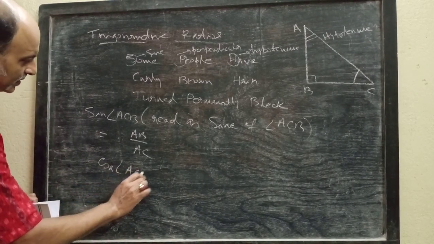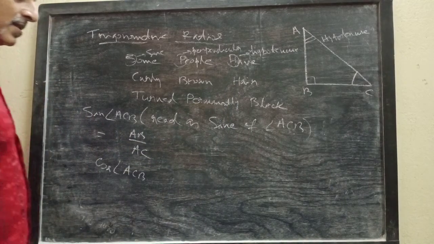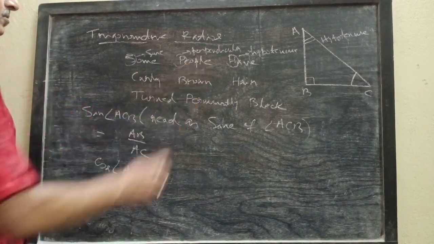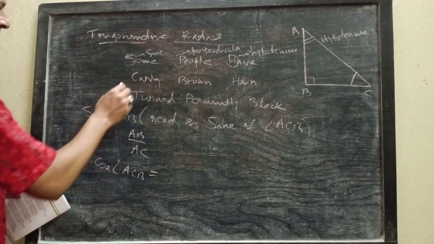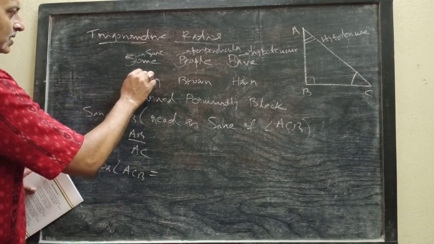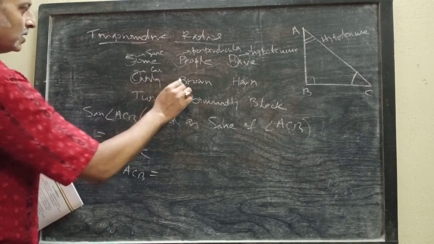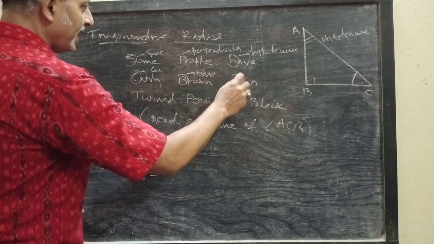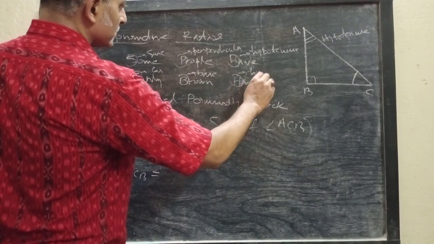Next, cos of angle ACB, read as cosine of angle ACB. Now read the second line: Curly brown hair. C stands for cos, B stands for base, H stands for hypotenuse.